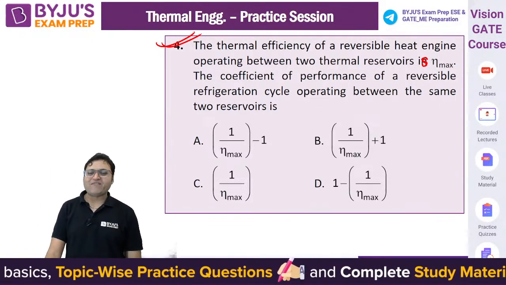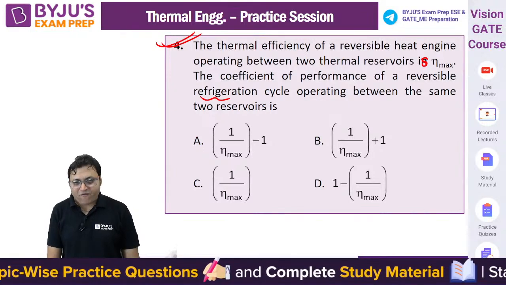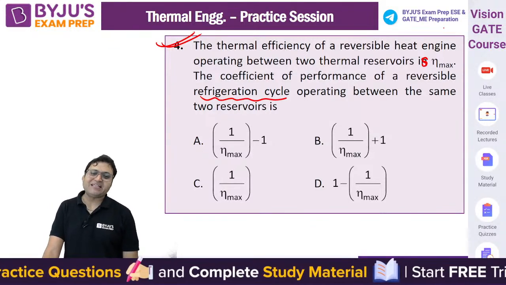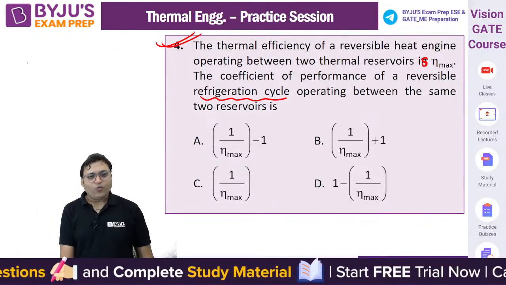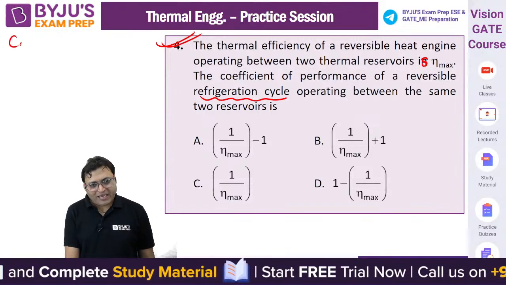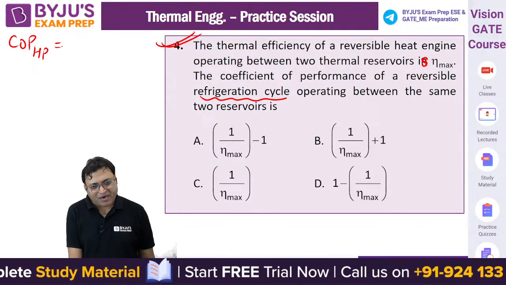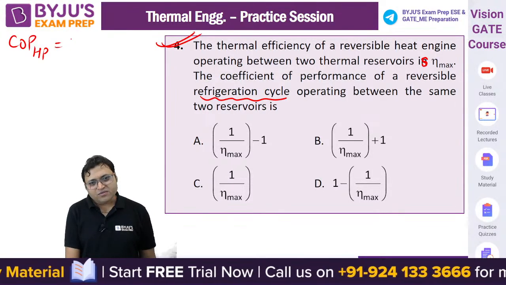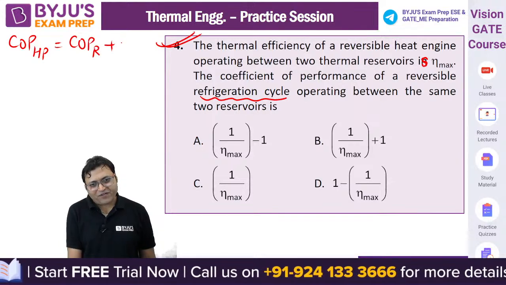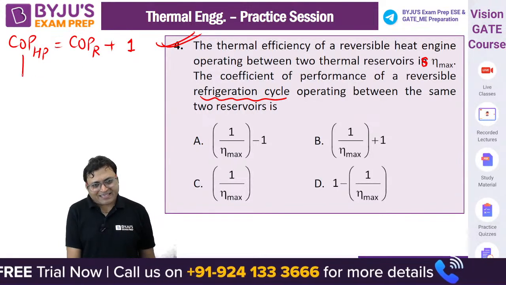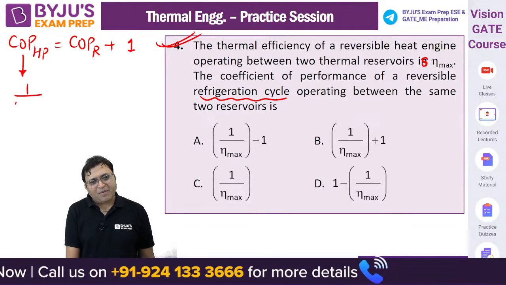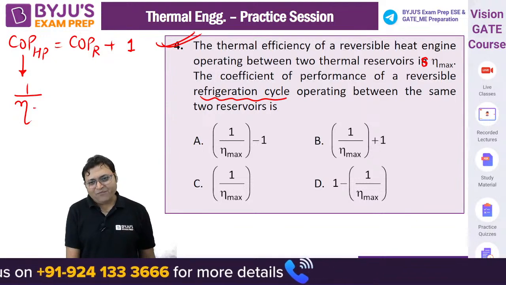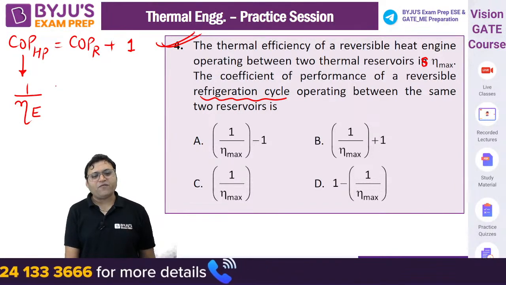The coefficient of performance of a reversible refrigeration cycle operating between the same two reservoirs is? What you need to know is COP for a heat pump is equal to COP for a refrigerator plus 1, and COP of a heat pump is equal to 1 upon thermal efficiency of an engine.